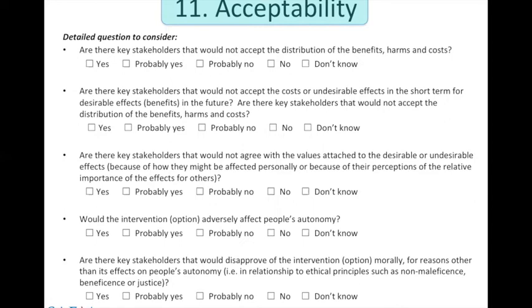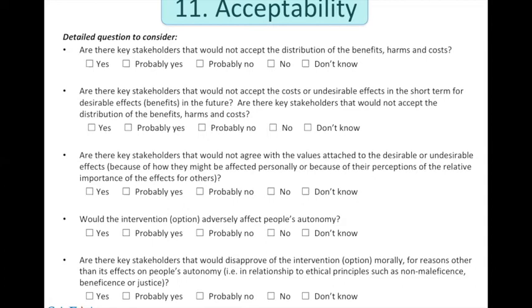Are there key stakeholders that would not accept the costs or undesirable effects in the short term, but in the future they might? Or they wouldn't accept that distribution of harms and costs like we discussed above? Are there key stakeholders that would not agree with the values attached to desirable or undesirable effects? And this is getting back to those green things around patient value preferences, and different groups may not share the same values and preferences.